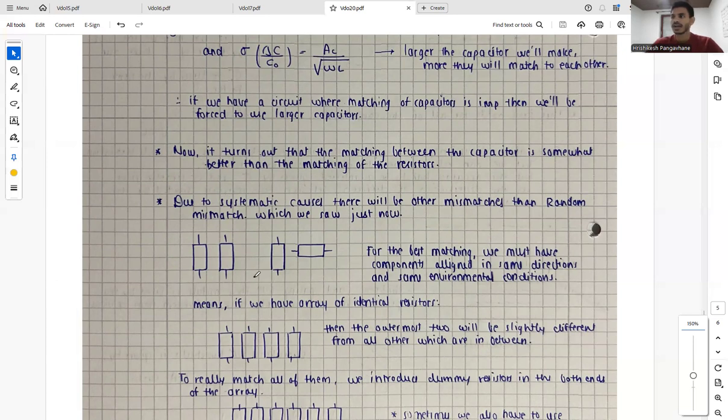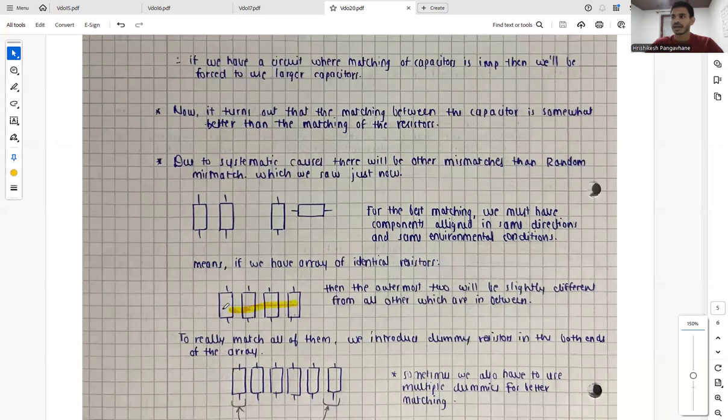And if we have an array of identical resistors, then the outermost two will be slightly different from all the others in between. The reason is that the components in between have two neighbors.